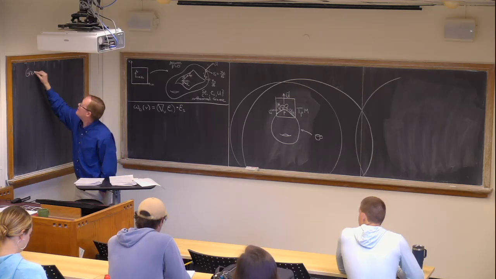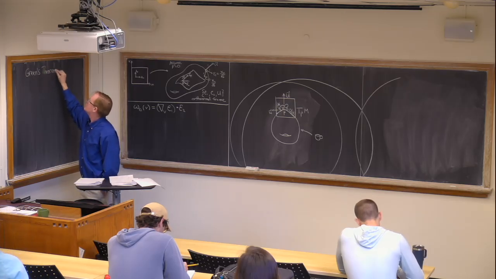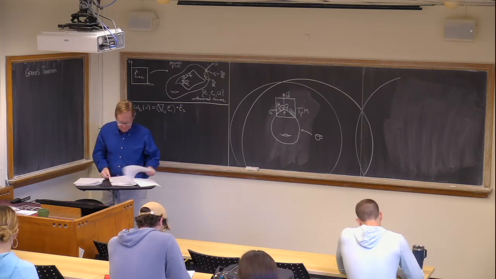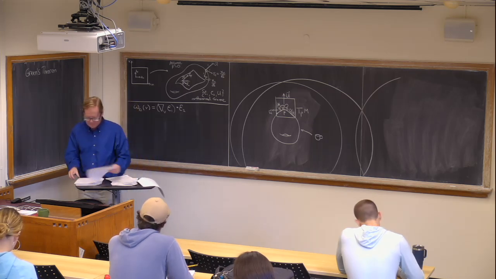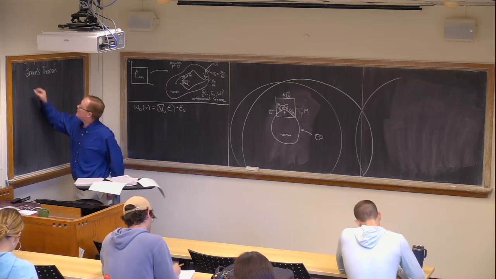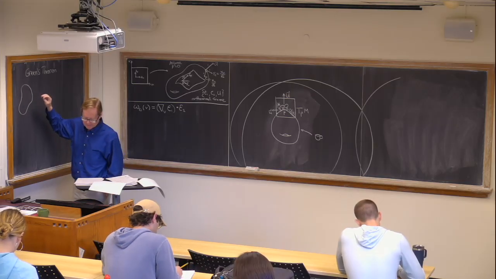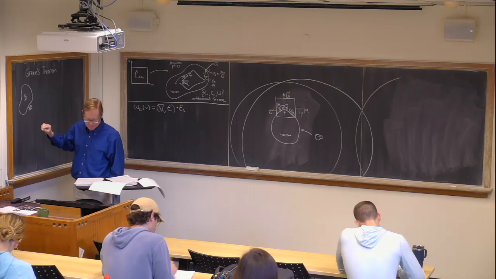So let's go ahead and write it down. Green's theorem, as we will use it, just to use the notation of the book here, is that if you have a curve bounding a ball B. I'm copying the notation of my notes because it's probably the same notation in the book.